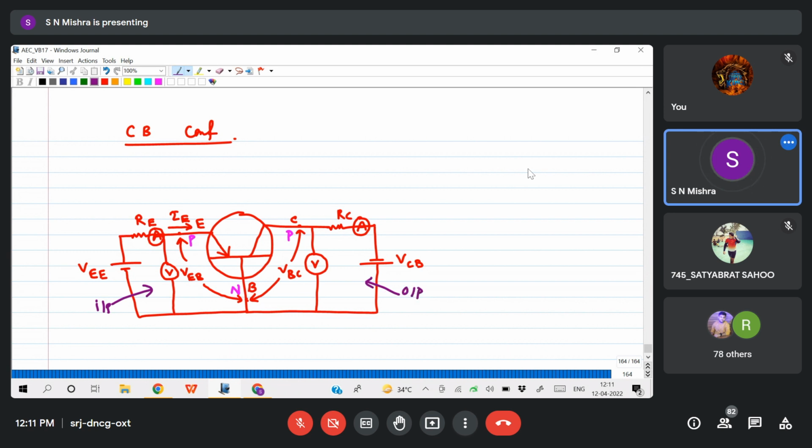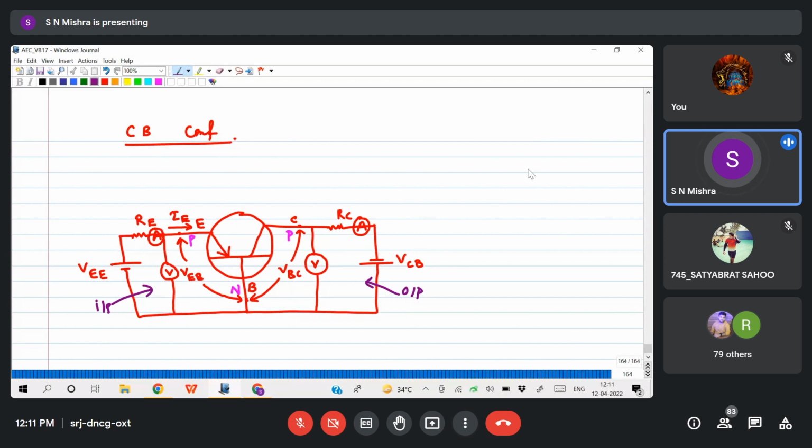Now look at the input side, we will have current and voltage, meaning VEB. If you change the emitter base voltage, what is the effect on the emitter current? That will give you one characteristic. Similarly on the output side, the voltage is VBC or VCB.